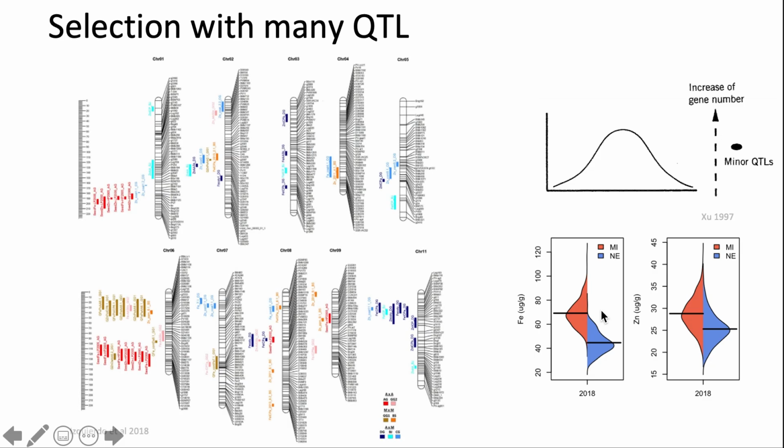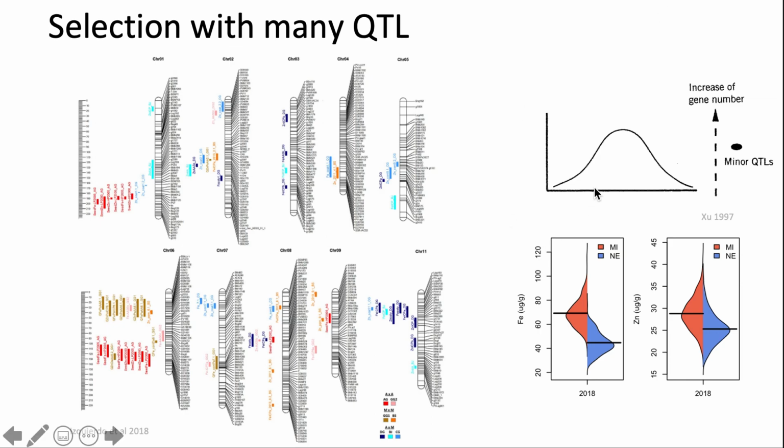We published a paper about the QTLs that had been detected in association with mineral concentration, and we identified more than 100 QTLs. As you can see, there are a lot of QTLs, and the heritability of quantitative traits usually is not very high, usually around 0.5, 0.4.